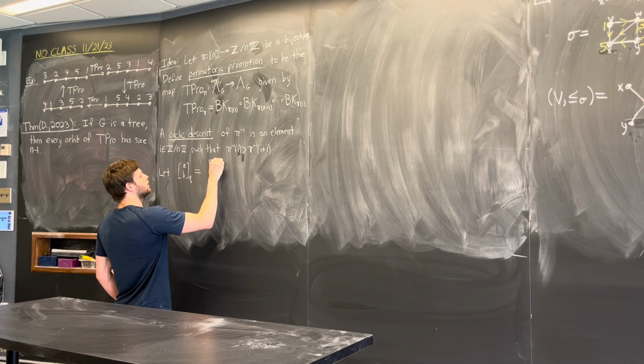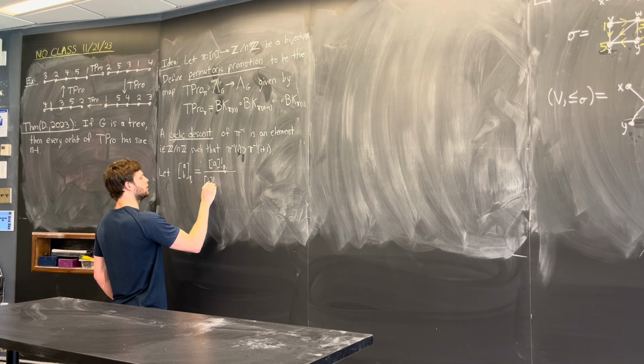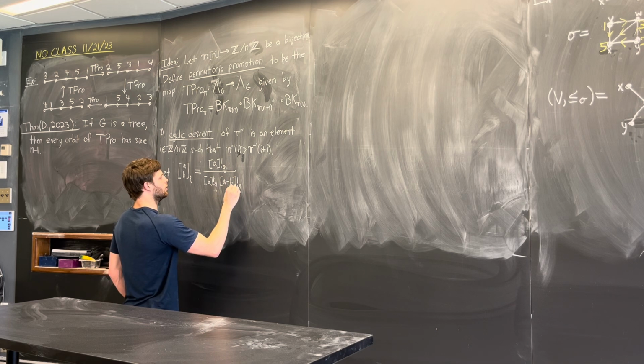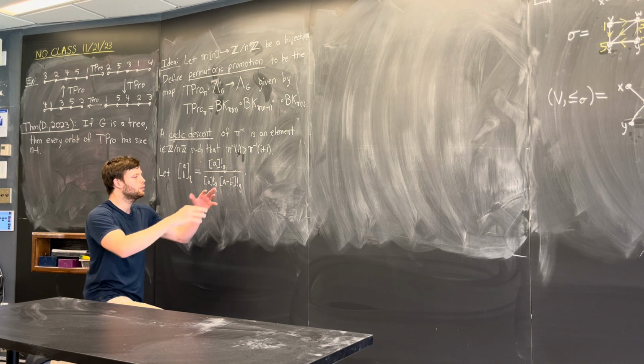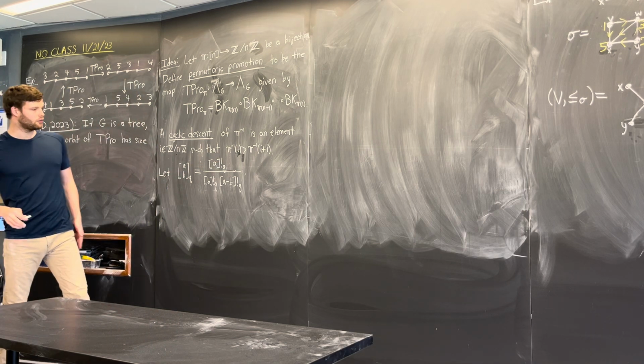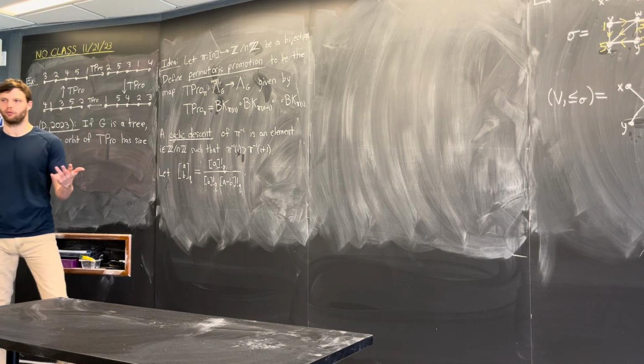So it's the q-analog of a factorial divided by the q-analog of b factorial times the q-analog of a minus b factorial. This is a polynomial, and if you plug in q equals 1, you get just a choose b.